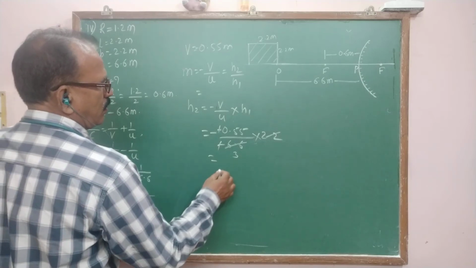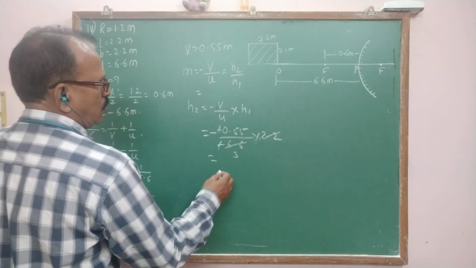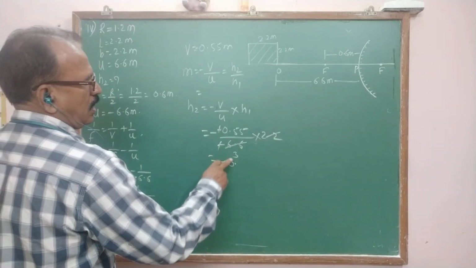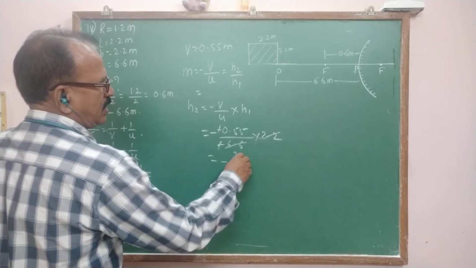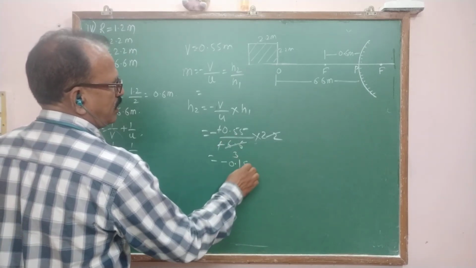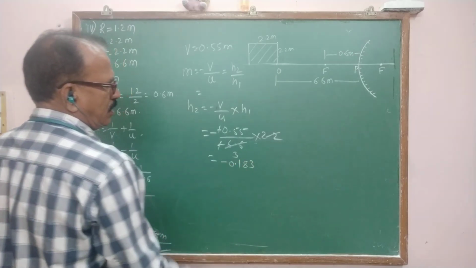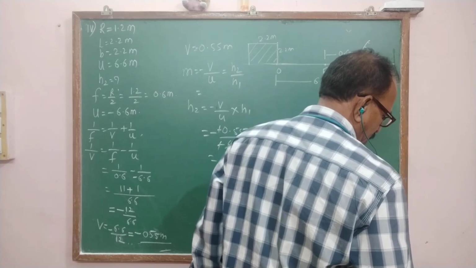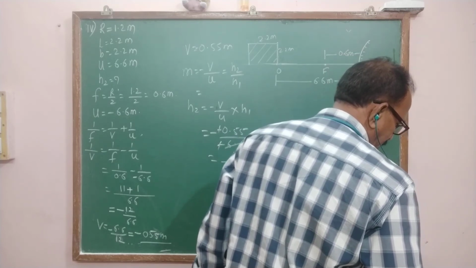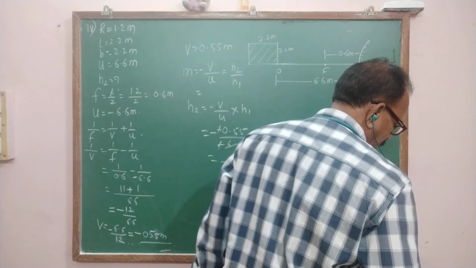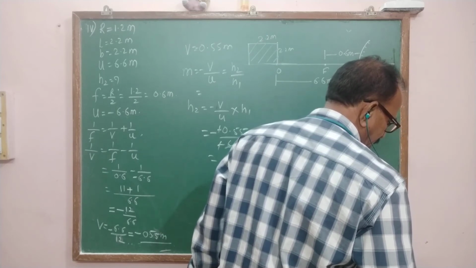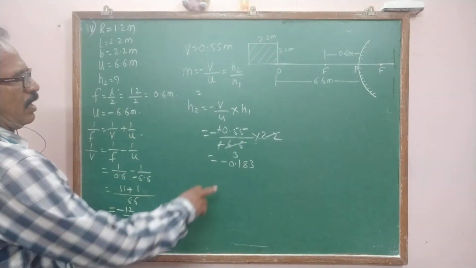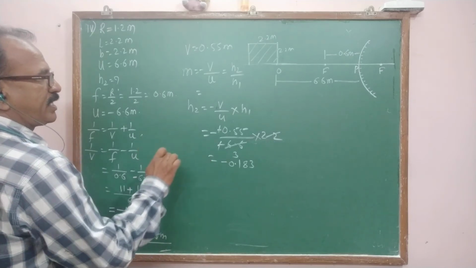So that will be equal to how much? Three ones are 3, three eights are 24. Minus, that is a plus 1.833. Here we are not getting the negative sign.